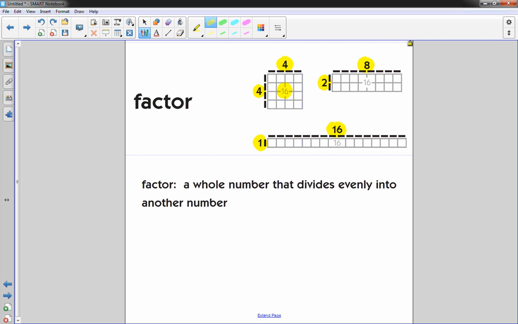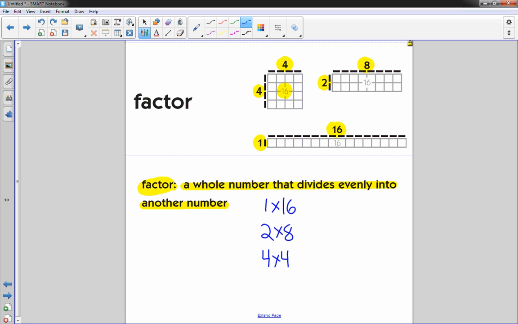That's a visual way for students to see that a factor is a whole number that divides evenly into another number. In this case, 1 times 16 equals 16, 2 times 8 equals 16, and 4 times 4 equals 16.